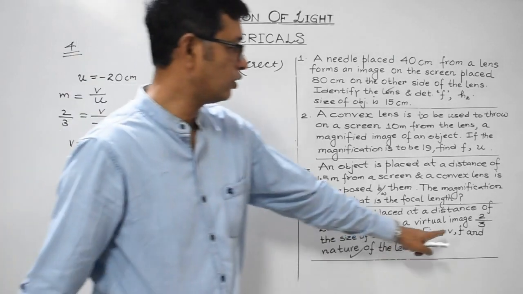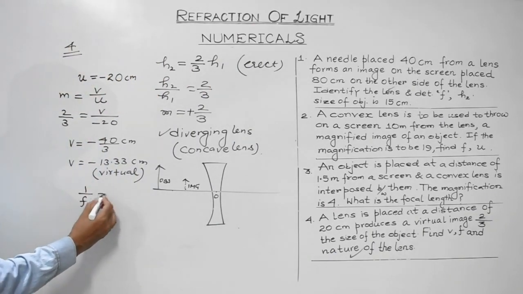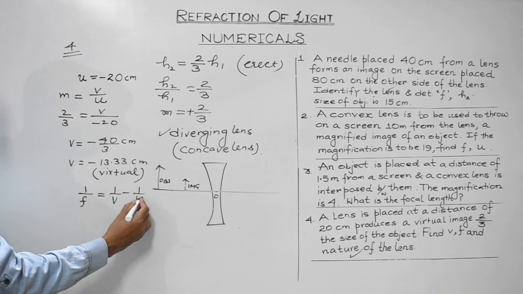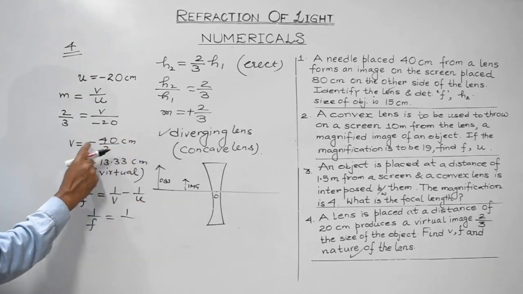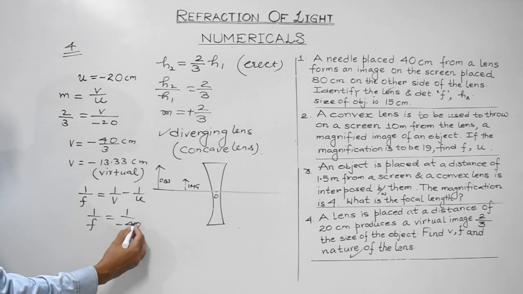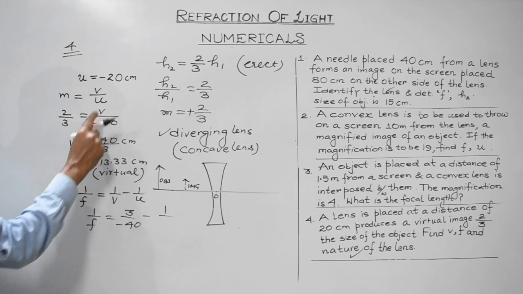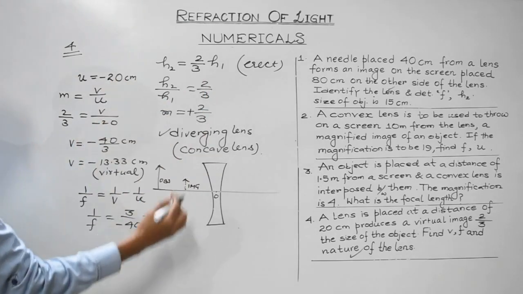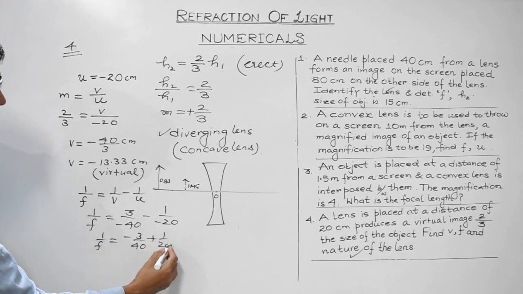Now let's find out the focal length. Now focal length can be found by using this formula. 1 by f is equal to 1 by v minus 1 by u. So we get 1 by v, v is minus 40 by 3, minus 1 by u. u is minus 20. So what you get is 1 by f is equal to minus 3 by 40 plus 1 by 20.